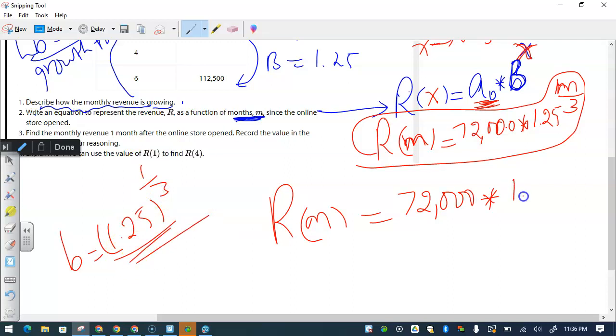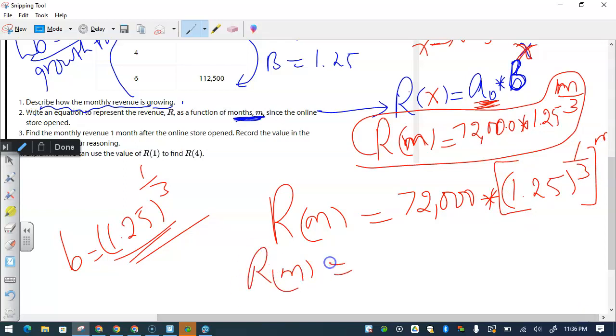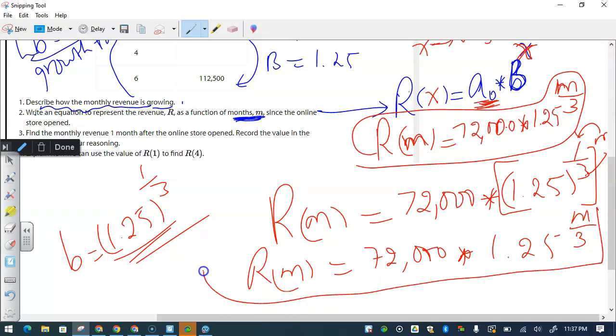So I need to write 1.25 right here raised to 1 by 3 and then another bracket to put every month. So the monthly revenue is 72,000 times 1.25, and this 3 will go below. This m multiplies 1 and you get m by 3. That's all it is, and you're done.